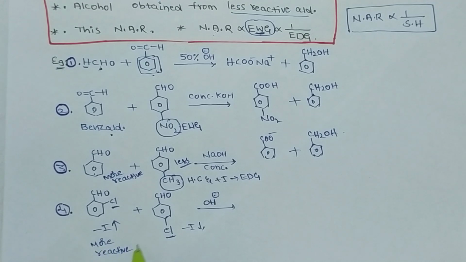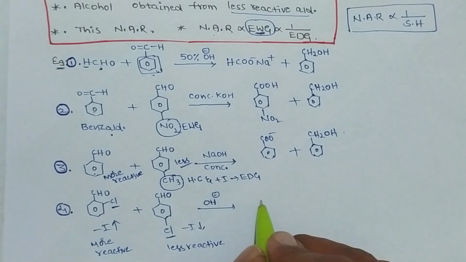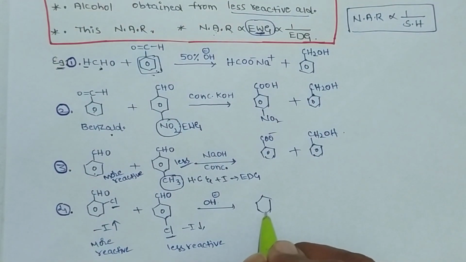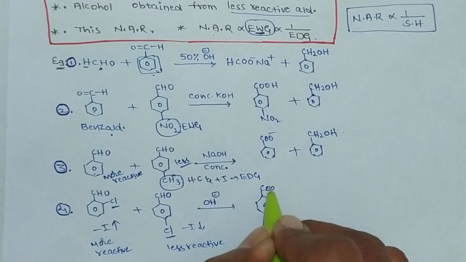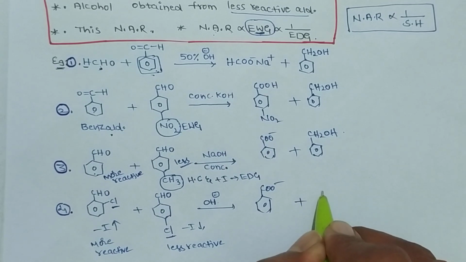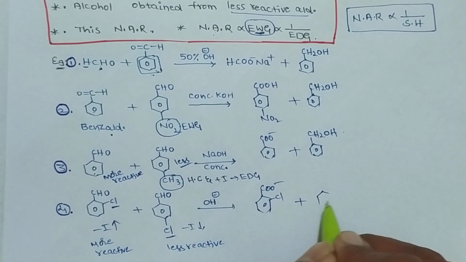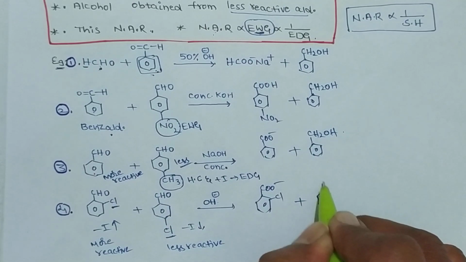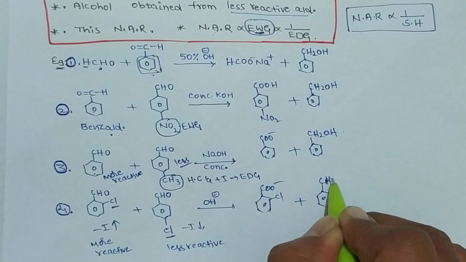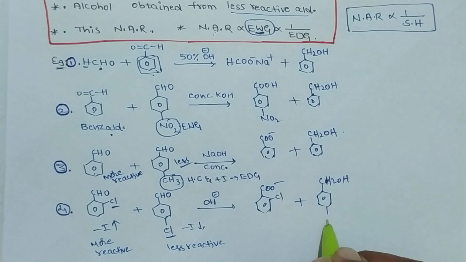The less the minus I, the less reactive. The more reactive compound undergoes oxidation, and the less reactive compound undergoes reduction, giving CH2OH with chlorine at the para position.